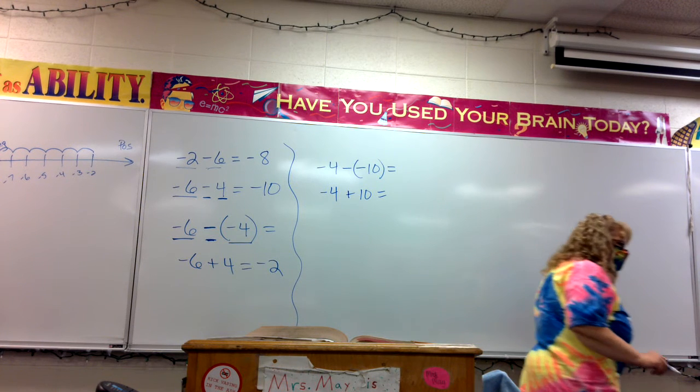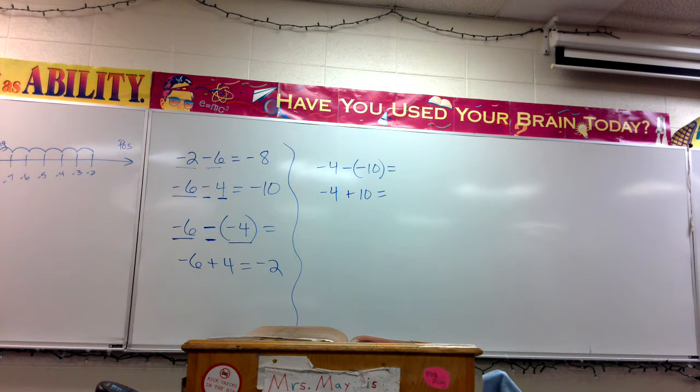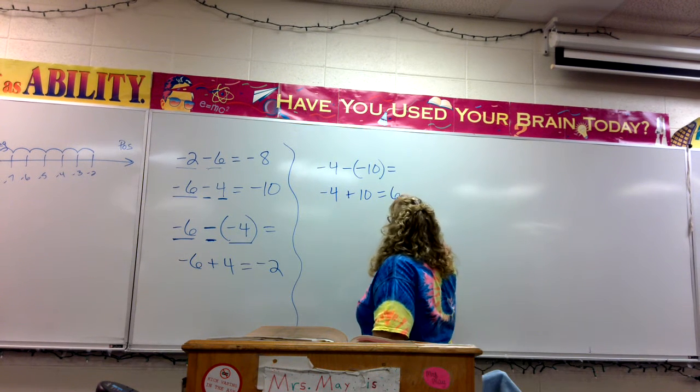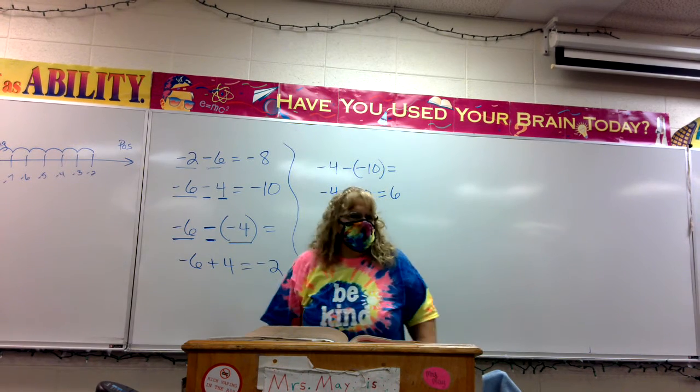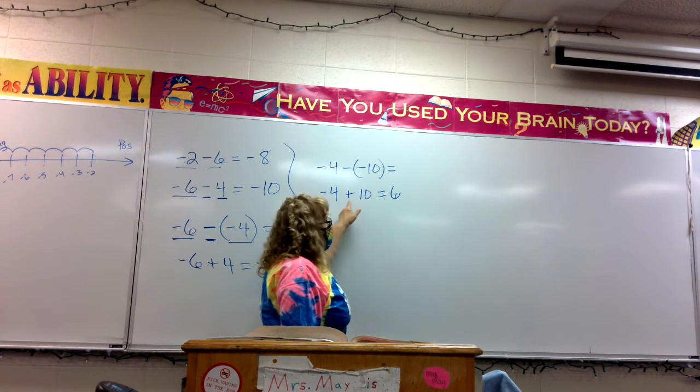So what do you get? She says 6, is she right? Could you just shake your head a little bit so I know you're awake? Right, +6. That's really like 10 taking 4. So when you're subtracting a negative, you just add it.